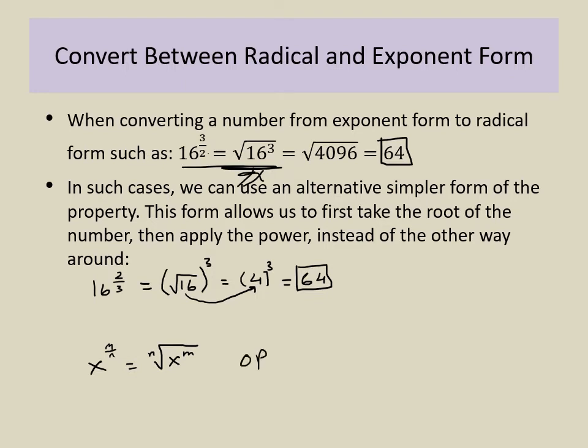Or the alternative method that we are going to use to simplify, because it's better and easier: if I have x to the power of m over n, I'm going to do the root first, the nth root of x, and then after that raise it to the power of m, just like we did here in this example.